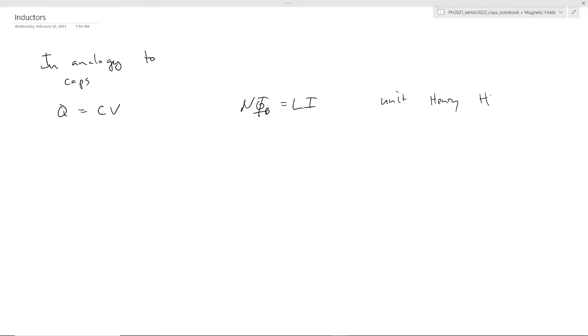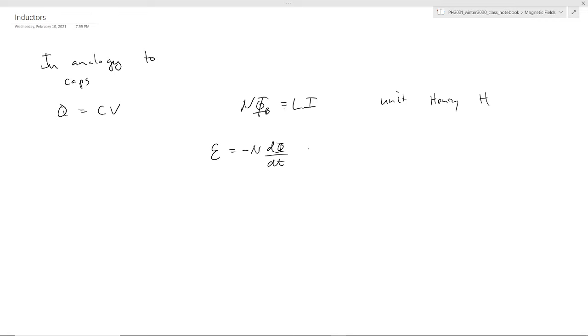And you'll notice this looks quite similar to Faraday's law. So we know also that an EMF, if we take a derivative of this, is caused by a time-changing magnetic flux.